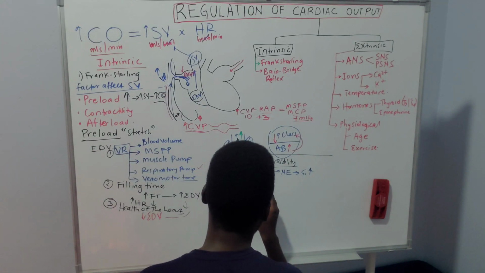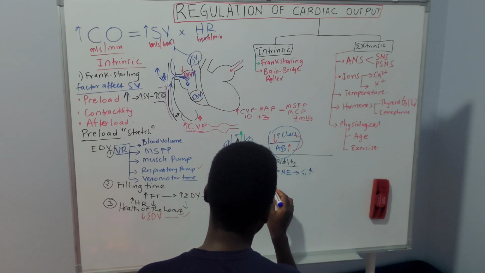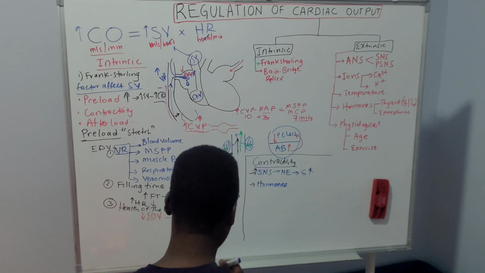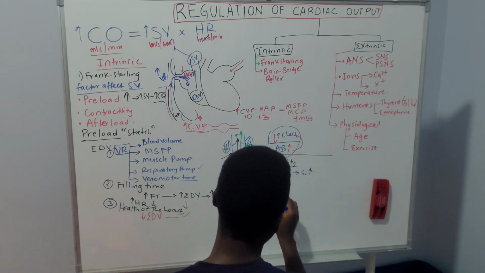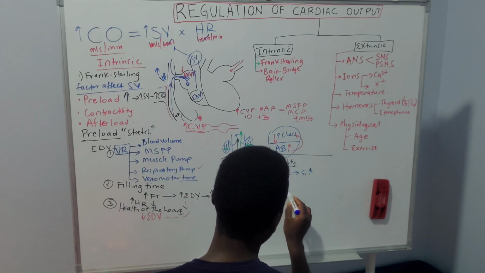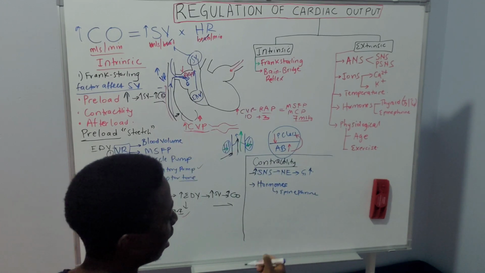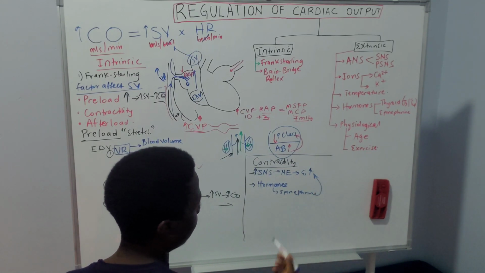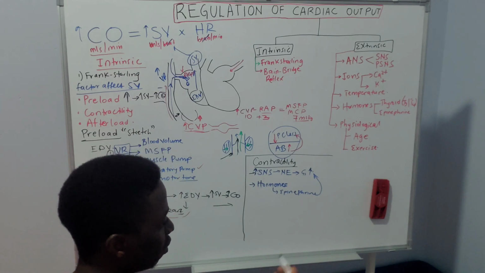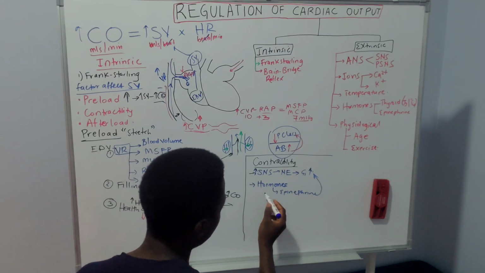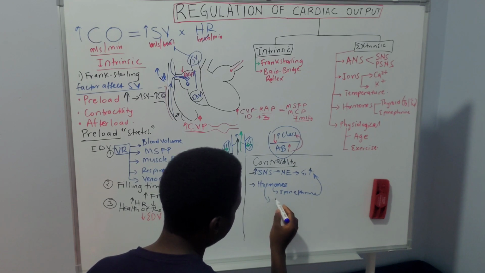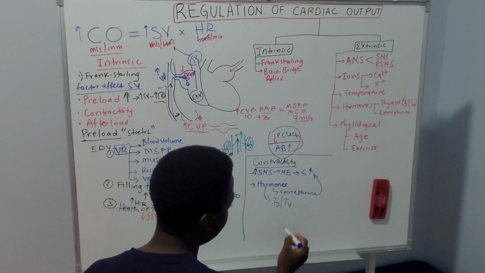Also, we have an input of hormones. For example, we have epinephrine, which is produced from the adrenal medulla, which will also give us sympathetic activity results, increasing contractility. But you also have T3 and T4, which are the thyroid hormones.